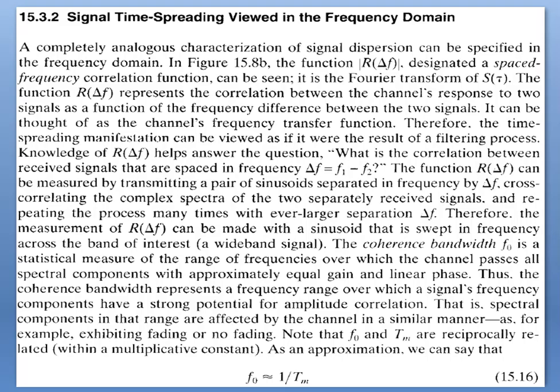Knowledge of R(Δf) helps answer the question: what is the correlation between the received signals that are spread in frequency, that is, Δf equal to f2 minus f1? The function R(Δf) can be measured by transmitting a pair of sinusoidal signals separated in frequency by Δf, cross correlating the complex spectra of the two separately received signals, and repeating the process many times with ever larger separation of Δf.